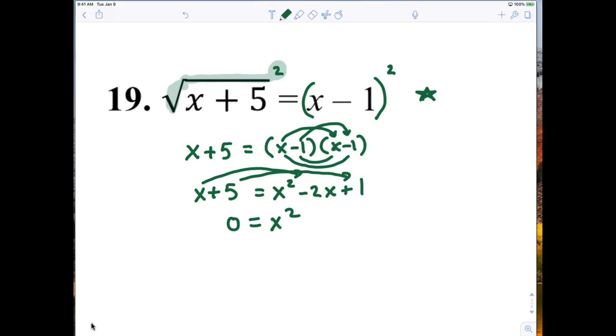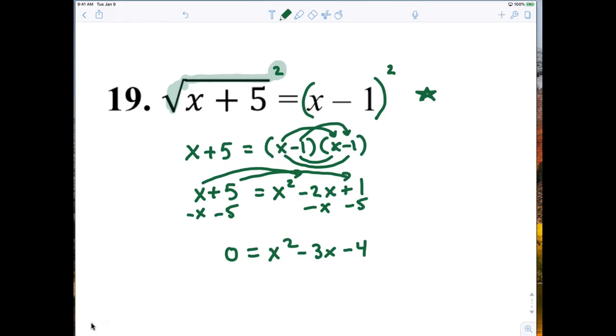I'm really trying to help you with your mental math. So if you can't see that, just put in your mind minus x minus x. Now I'm going to move the 5. So when I move the 5, I get a what? Negative 4. Right? Because we did minus 5, minus 5.